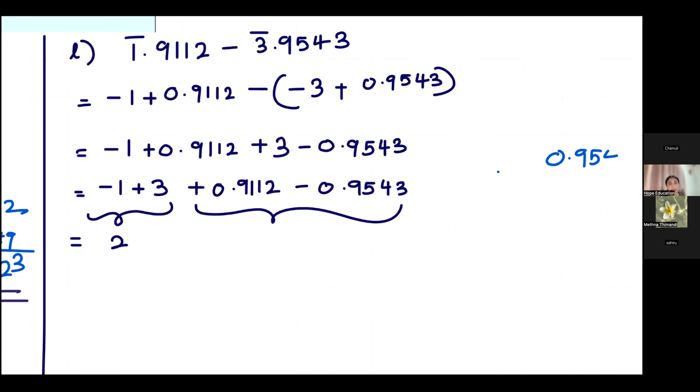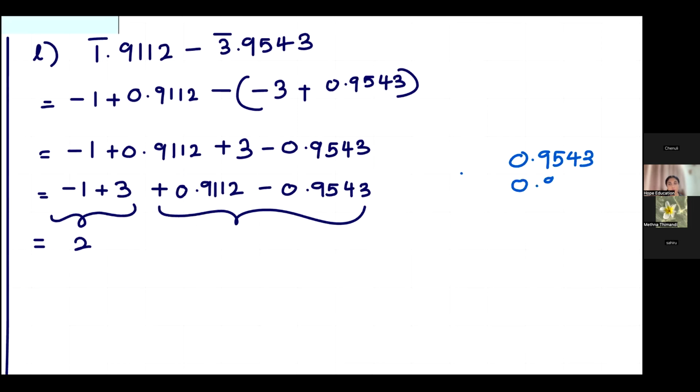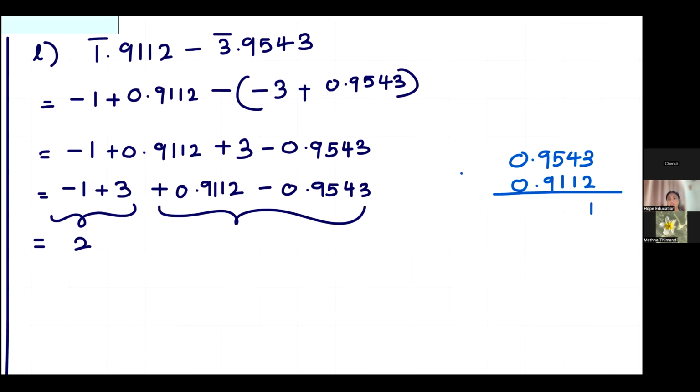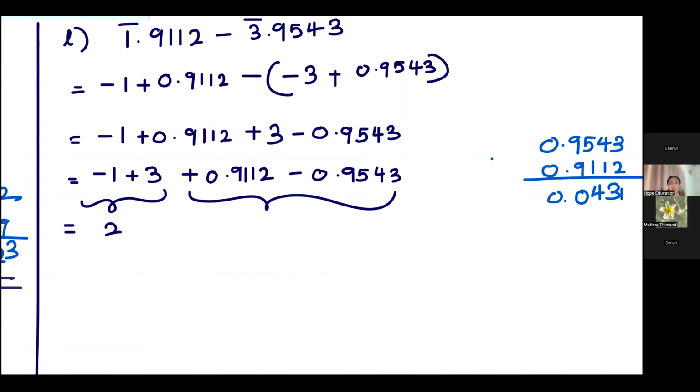So I subtract 0.9112 from it. 3 minus 2 is 1, 4 minus 1 is 3, 5 minus 1 is 4, 9 minus 9 is 0. So I have 0.0431. Now the large number has the sign of negative, so I put negative here.